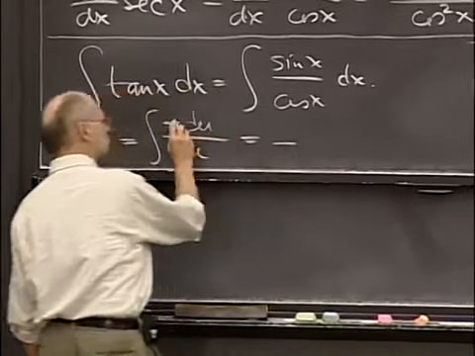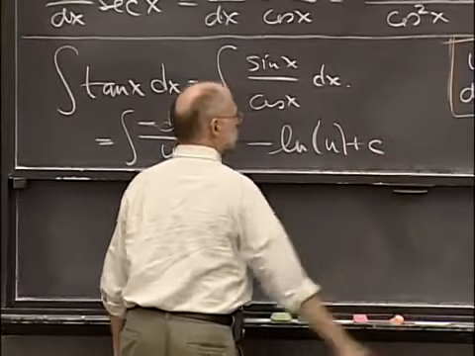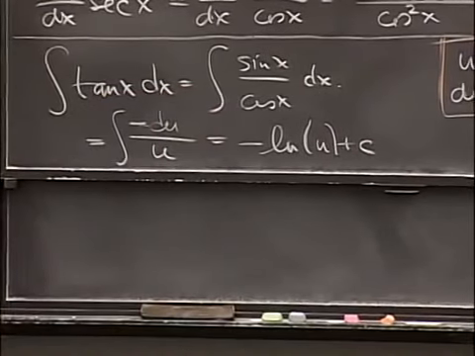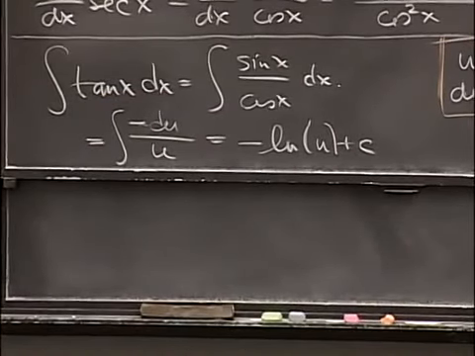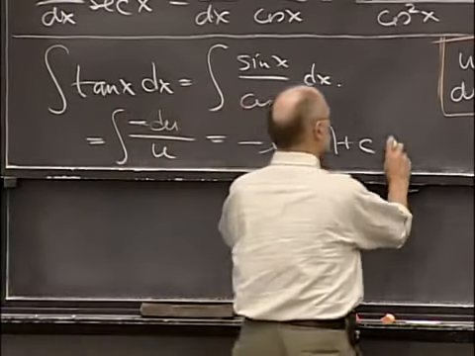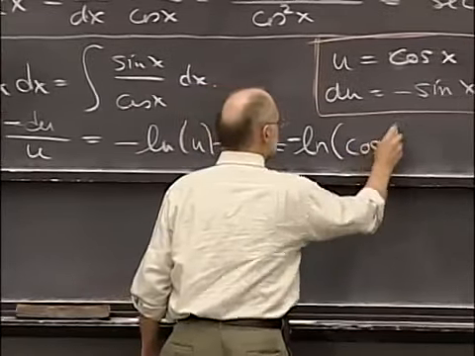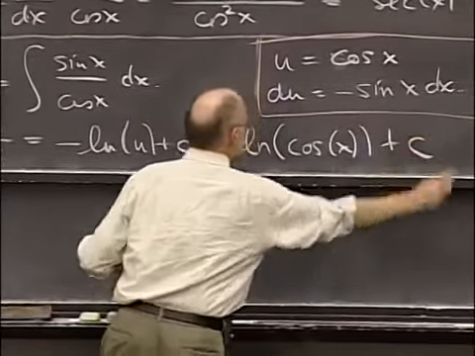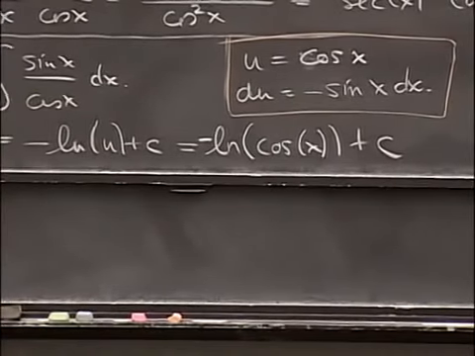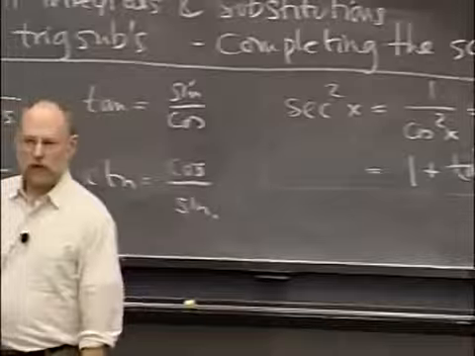So this is minus the natural log of u plus a constant. I'm not quite done. I have to back substitute and replace this new variable that I made up called u with what it is, and what you get is minus the natural log of the cosine of x.